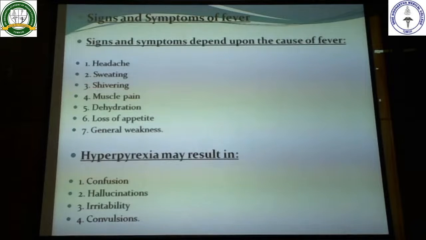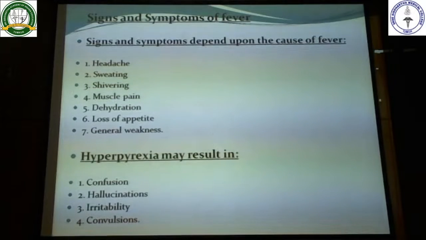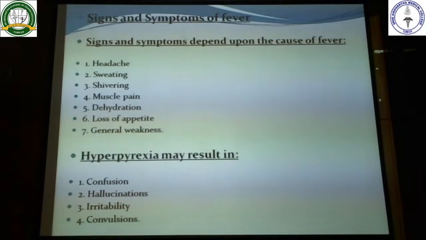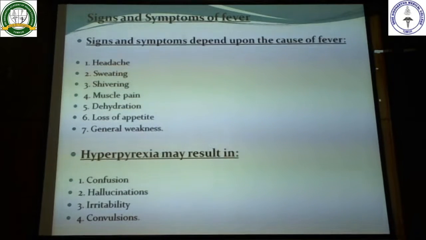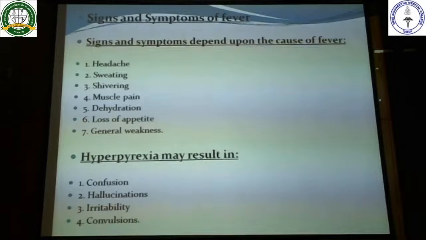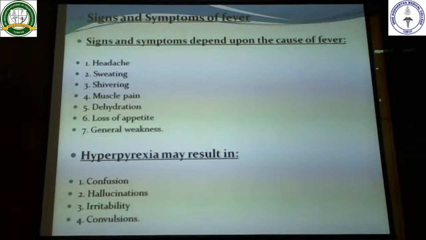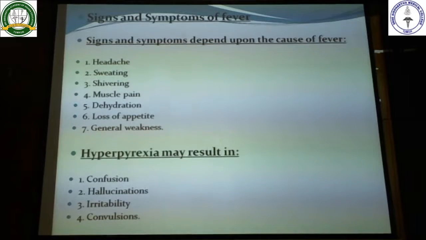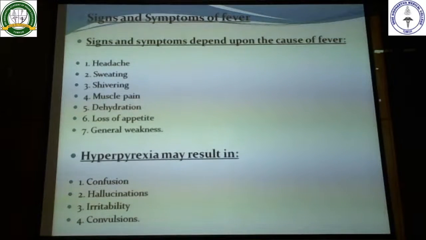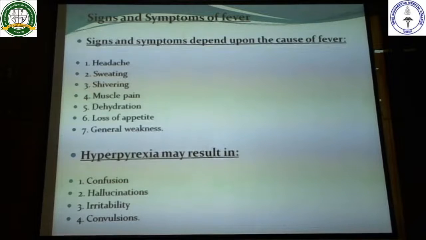Then there is loss of appetite and generalized weakness. These are all the signs and symptoms of fever. And if the person is having hyperpyrexia, the person goes on to confusion, hallucinations, delirium, irritability, then convulsions, coma, death. All these things can happen in hyperpyrexia, right?